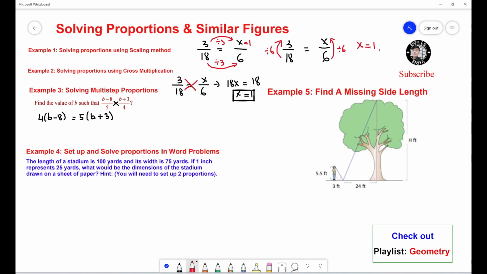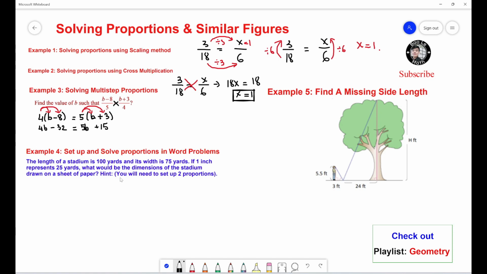Okay. Alright, now you just distribute. So it turned out to be 4b, 4 times negative 8 should be negative 32, equals 5 times b, 5 times 3 should be 15.